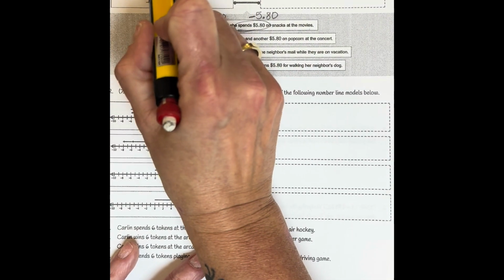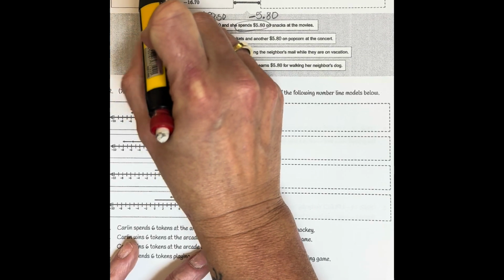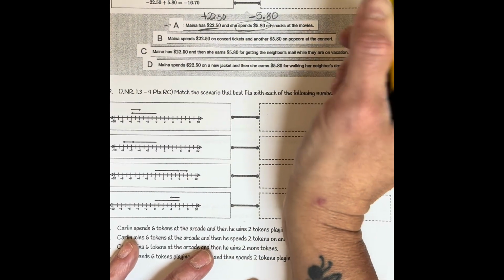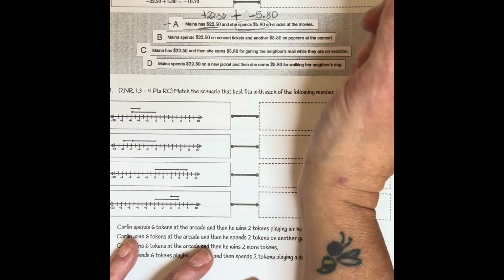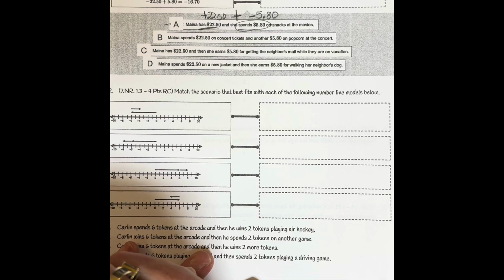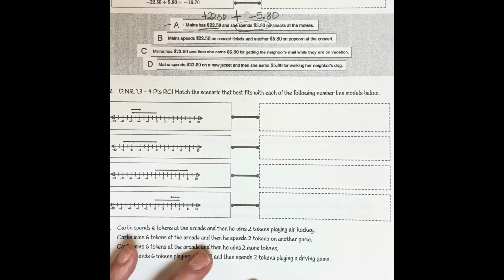So now if you look right at this, she had $22.50, and she spends $5.80. Look at that. Those two match, so this one is A.